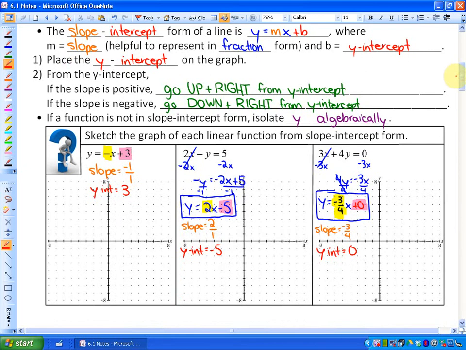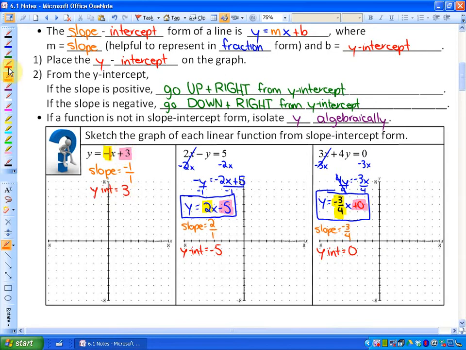So if we're doing this first question and we want to graph it, it says, sketch the graph of each linear function from slope-intercept form. This here is y is equal to -x plus 3. Well, m is the coefficient here, so it's already in mx plus b form. Your slope would be -1, which as a fraction is -1 over 1, and your y-intercept, or b, would be 3.